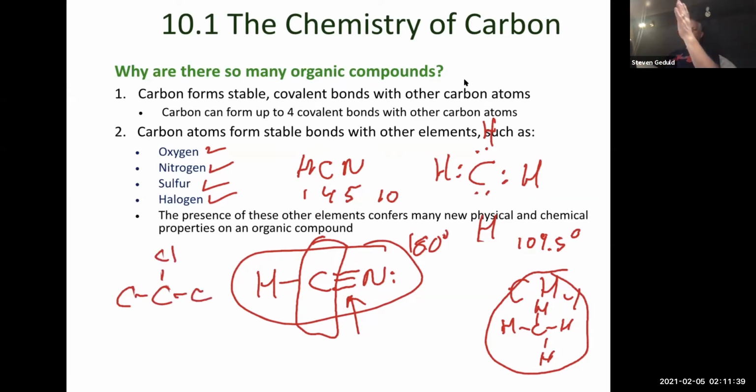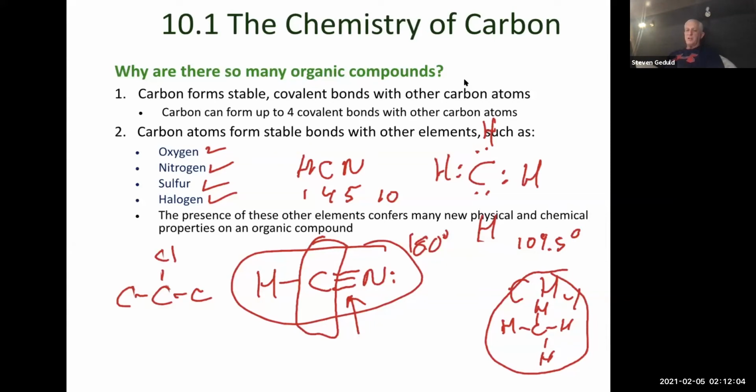Because the halogens in the periodic table have 7 valence electrons, once they make that 1 extra bond, they have 8, and that's it. Everything wants to follow the octet rule. So remember that hydrogen and the halogens are terminal. Carbons can keep bonding along. Oxygen can keep bonding along.